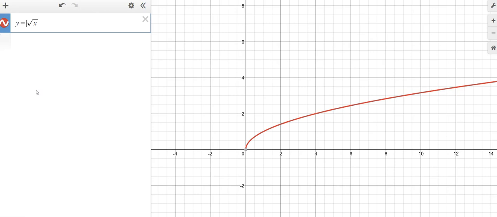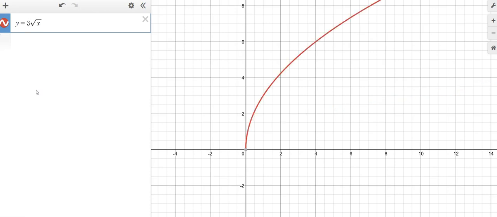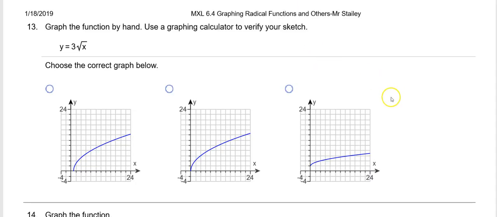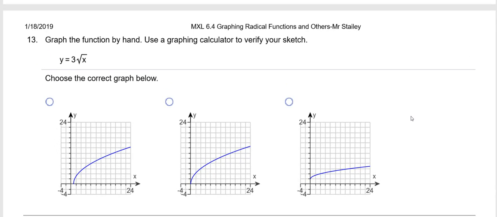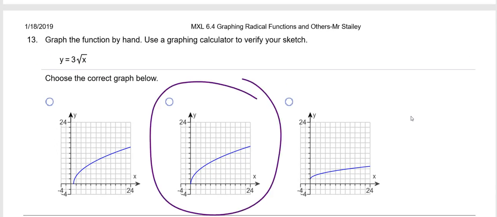It's going to stretch it. Which way? Is it going to get closer to the x-axis or further away from the x-axis? Further away, you are correct. Further away, which means which one of my pictures is the right one? It is the middle one. They don't have letters A, B, C, but yes, it is that middle one because it got stretched away.